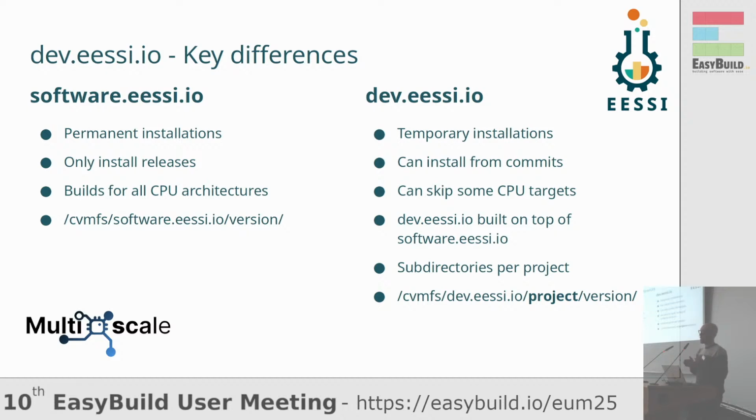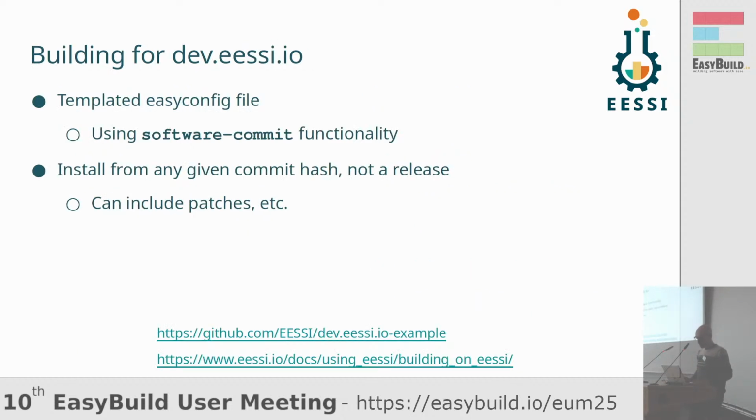Then to keep things self-contained within these multi-scale projects, we make things land in a specific project subdirectory, which of course doesn't really exist in the context of the production repository. To do this, we leverage the functionality of the software commit builds that Alan was just showing by instructing developers to make an EESSI config file that is templated in such a way.